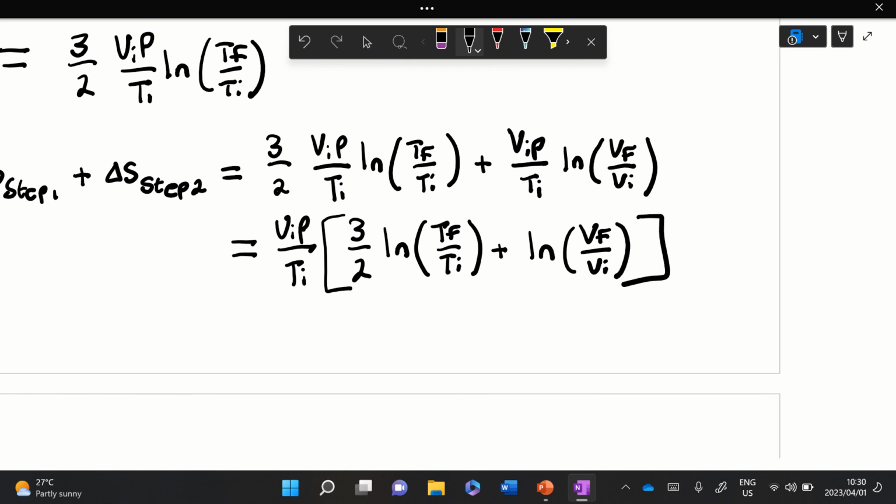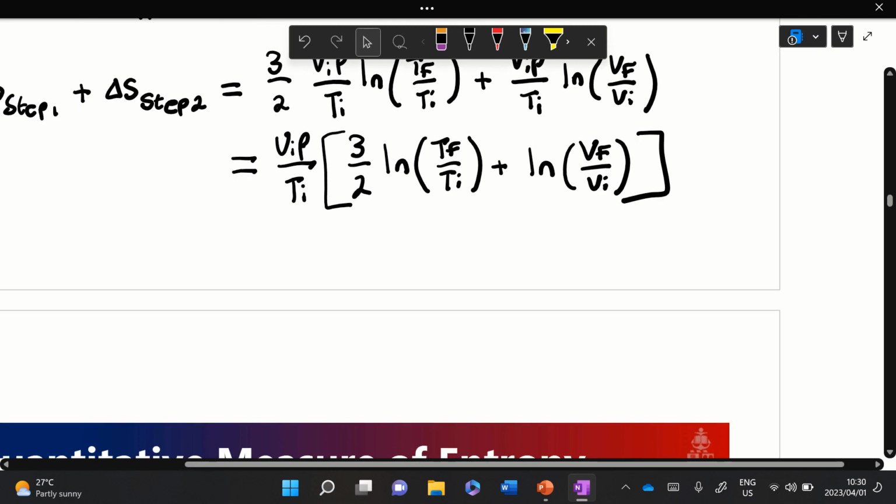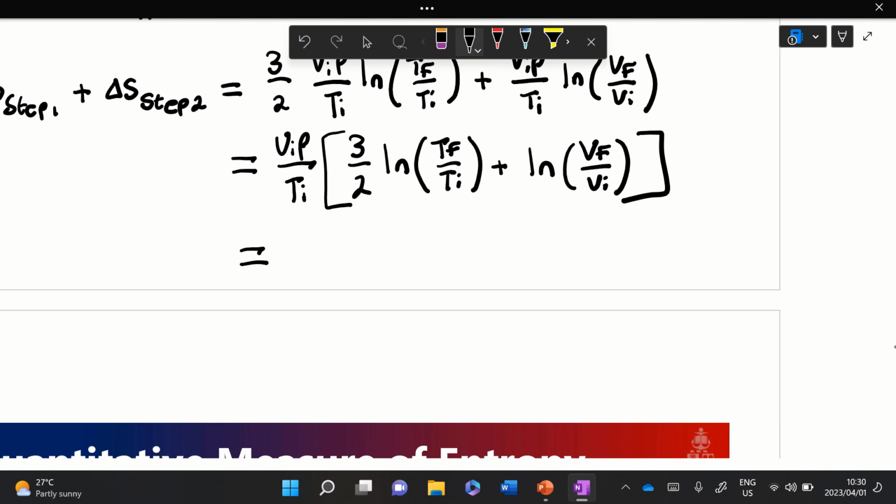And then we can use our law of logarithms. If we have something in front of the logarithm, it can go to the power inside this natural logarithm.